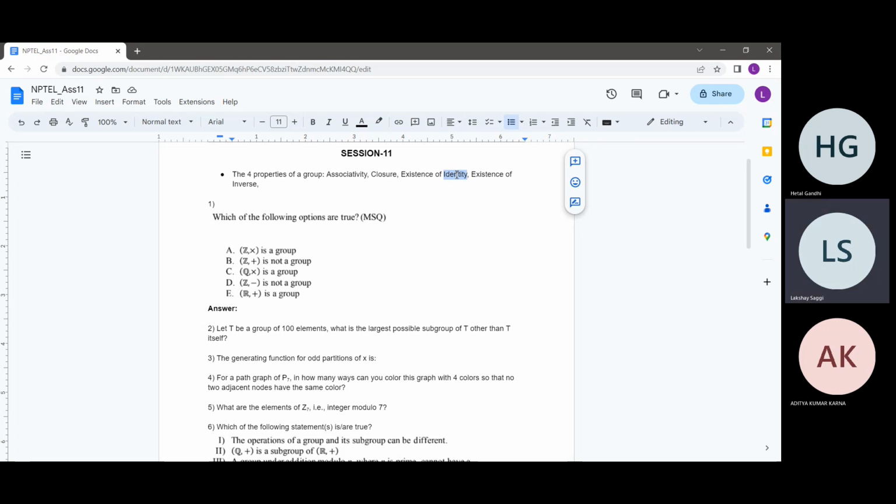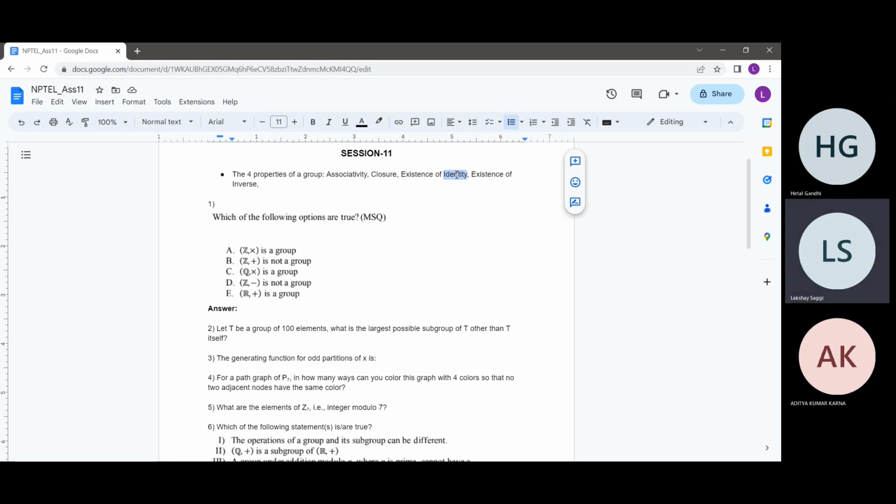I hope you understand what I'm saying, and this has been covered in the lectures also. Suppose identity is x. When you take x as one operand and another number, let's say a, b, c, anything, as the second operand, and the operation is plus, then a plus x should give me a only.